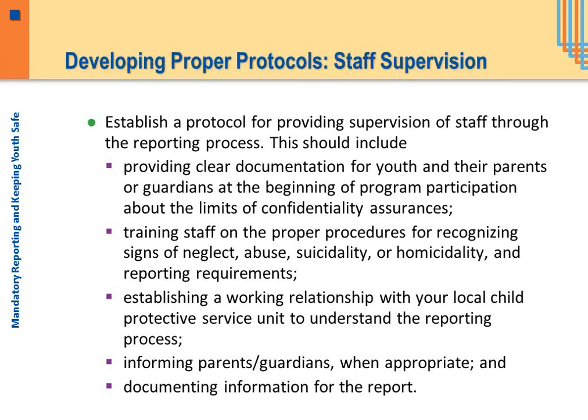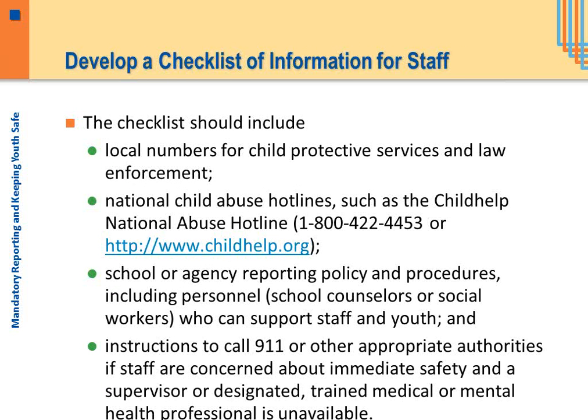They also can do free training, and a relationship begins to develop, and you get a clearer sense of how to move through the process of figuring out when and the need to inform parents or guardians when appropriate, and document. That's very important.